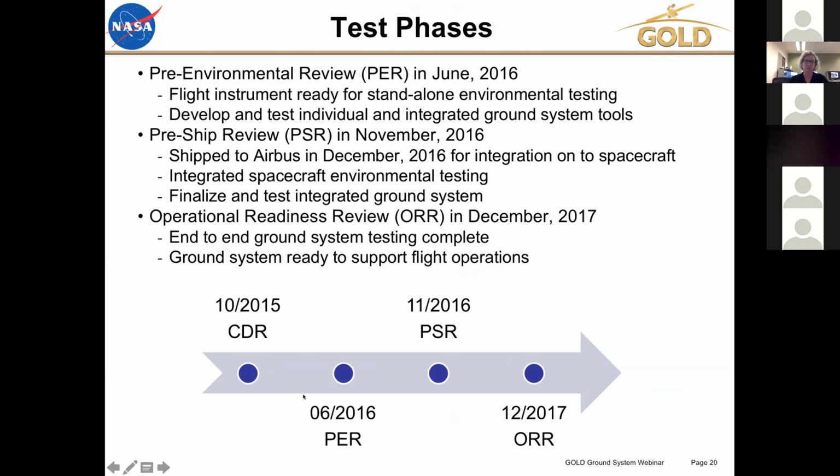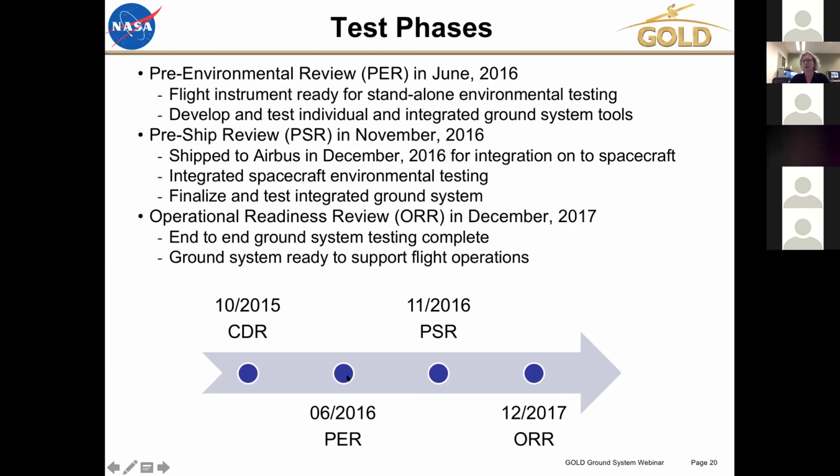After CDR, during the time frame between October 2015 and June of 2016, we really began to develop the ground system, and we built the flight instrument. Once the flight instrument was complete, we were ready for the pre-environmental review, or PER, in June of 2016.